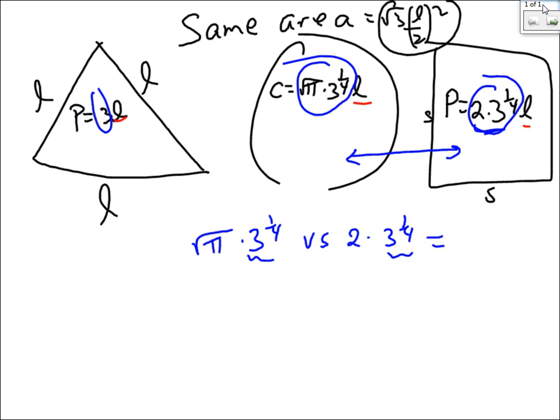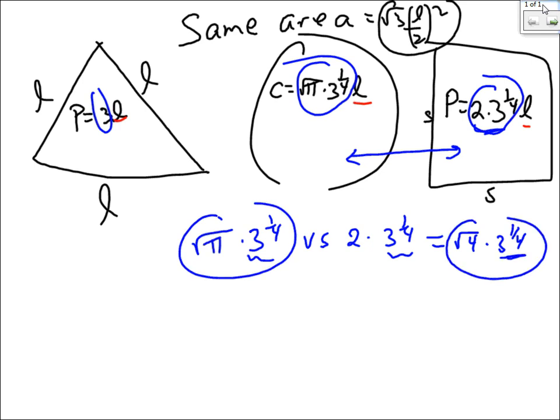One way of doing it is to just realize that 2 is the square root of 4. They're all being multiplied by 3 to the 1/4, and since 4 is bigger than pi, the square root of 4 is bigger than the square root of pi. So we know that this is bigger. We know that the square is bigger than the circle.